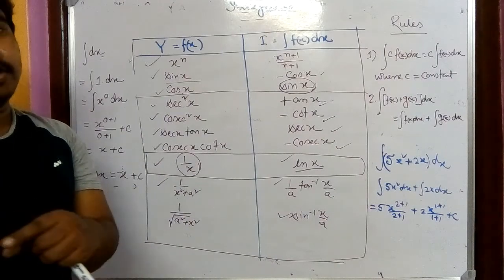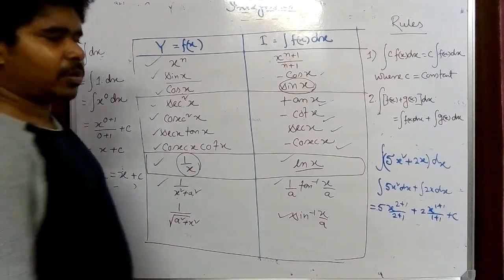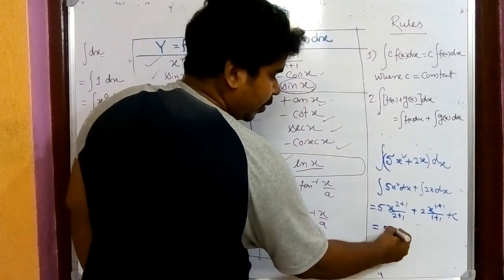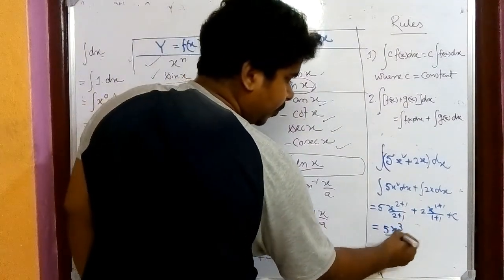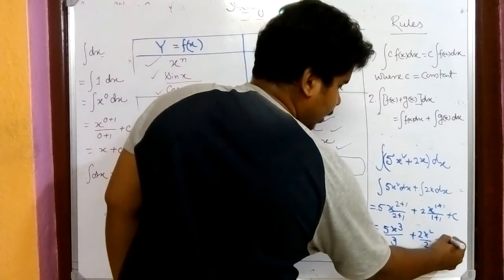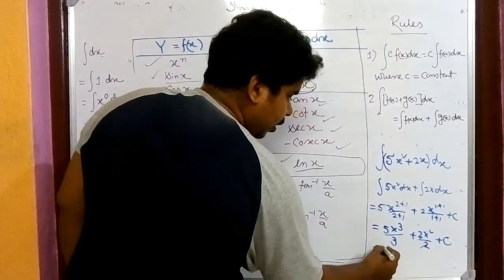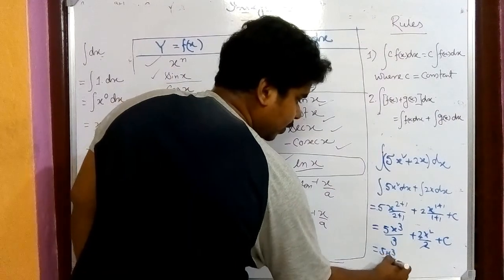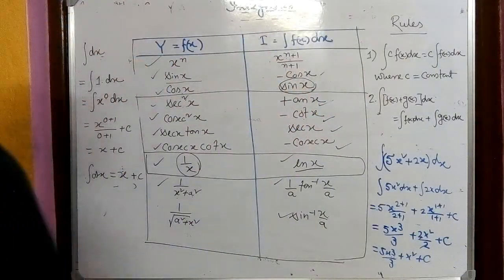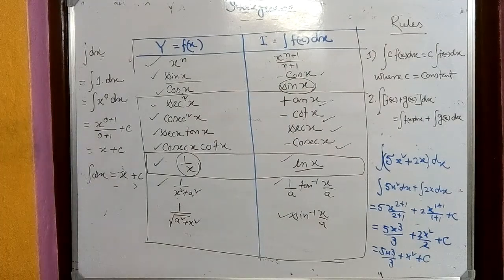For different integrations we will not increase the number of constants. So the constant should be one. Clear? So it is 5x cubed by 3 plus 2x squared by 2 plus c. So 2 will be cancelled out: 5x cubed by 3 plus x squared plus c. So these are the rules of integration.